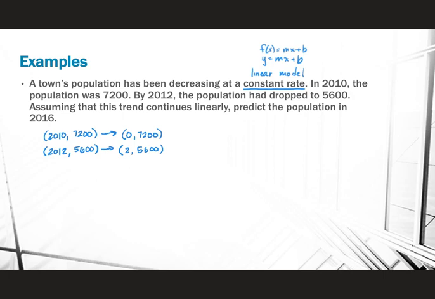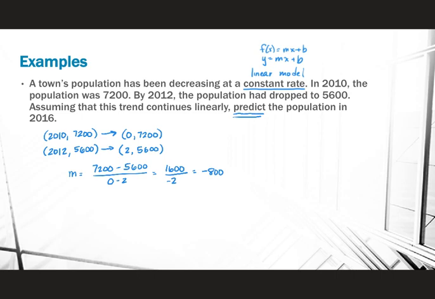And then just like the last problem, I want to be able to make a prediction. In order to predict, I have to have a function. So I'm going to start with a slope. My slope is going to be 7,200 minus 5,600 divided by 0 minus 2. So it's going to be 1,600 divided by negative 2, which is negative 800.